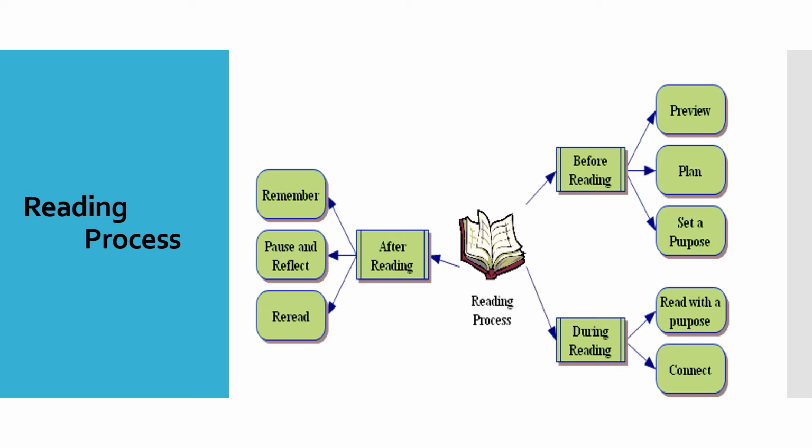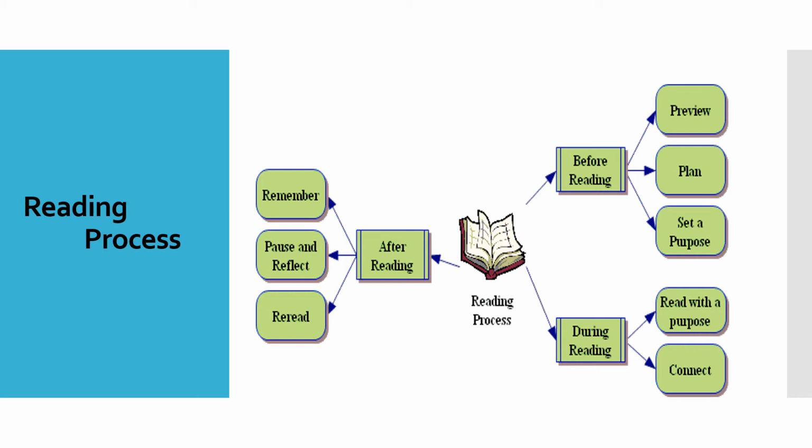Once we have done that, after reading also you can't say we shut the book and the reading is over. No, simultaneously something more is happening. That is the text analysis: whatever you have read, you try to connect it to your memory. Then you reflect upon it, and whatever point is not very clear to you, you reread it.